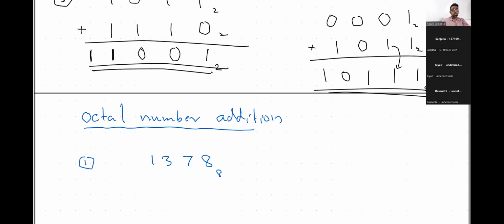Is this a valid number in octal? No, because we can't represent the number 8 in octal. The largest number we can represent is 7. Okay. Right, I'm going to add 137 base 8 plus 203 base 8. How are you going to add these two numbers and get the octal number?